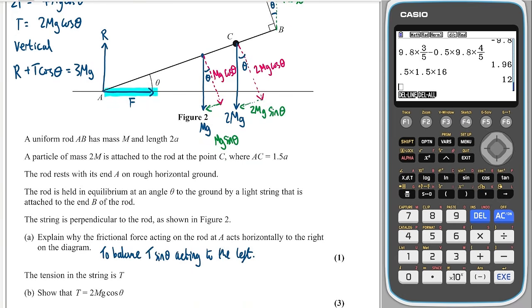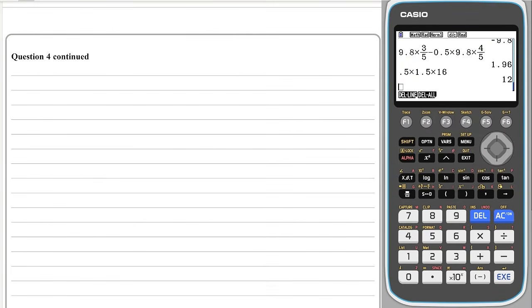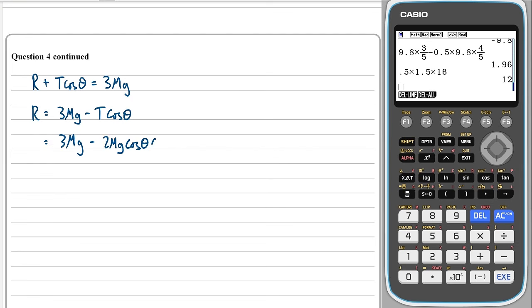There we go. So just grab some space. R is equal to, let's just do this down here. So we had R plus T cos theta is equal to 3 mg. So R is equal to 3 mg minus T cos theta, and we know that T cos theta is 2 mg cos theta times cos theta, because remember, T we worked out before was 2 mg cos theta. Okay, great. So let's go to our calculator.